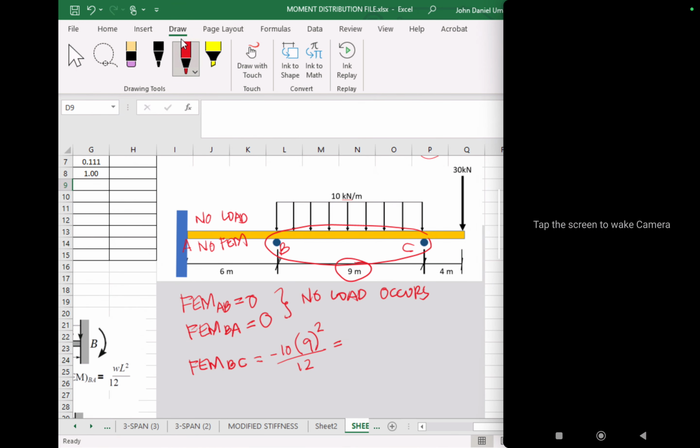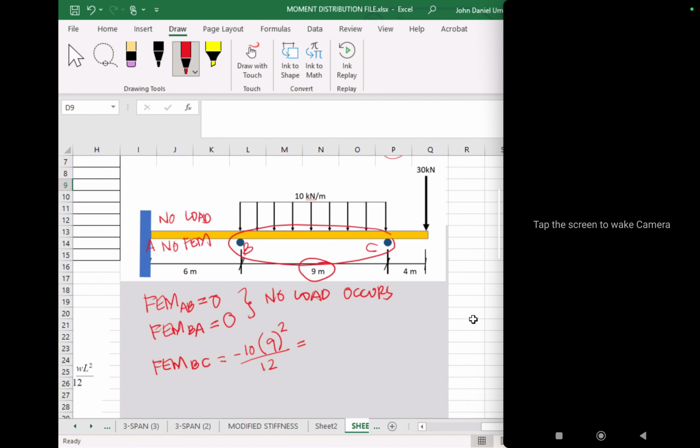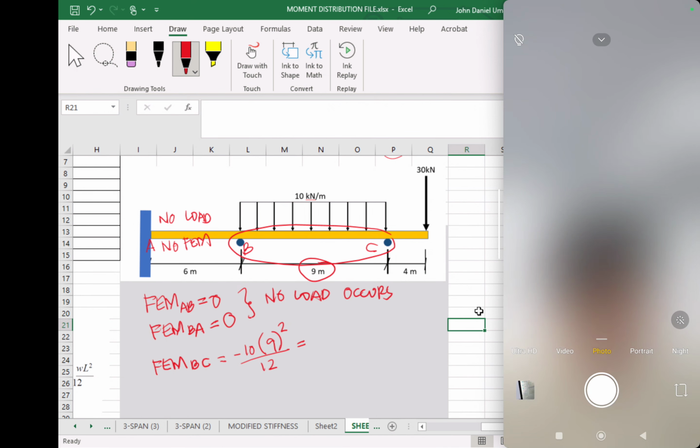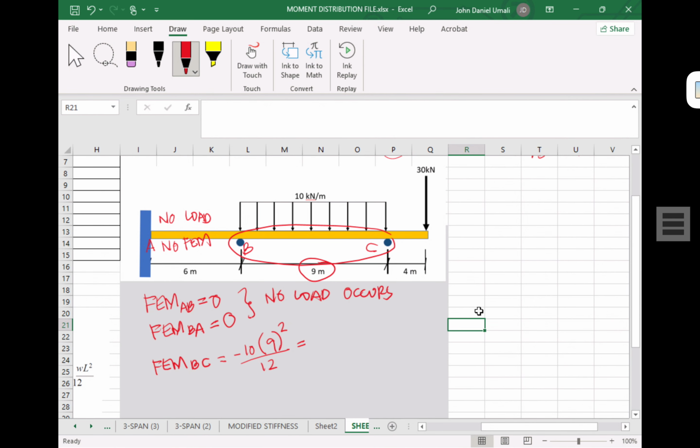So that is equal to, let's compute, we can use a calculator or Excel. Negative 10 times 9 squared over 12. So that is negative 67.5.